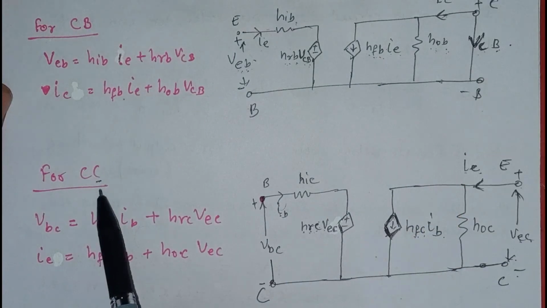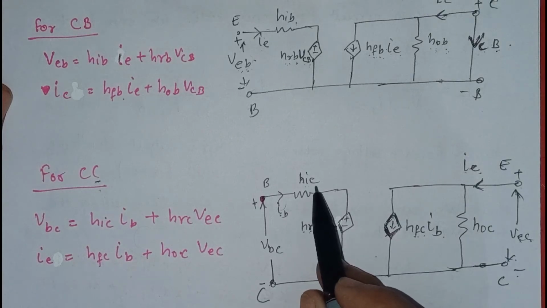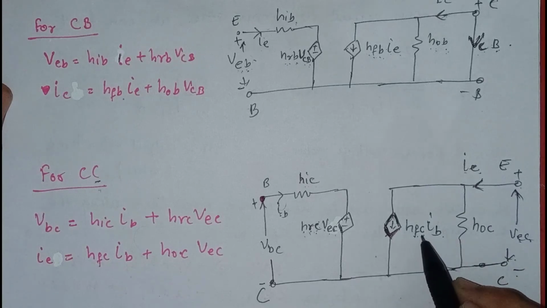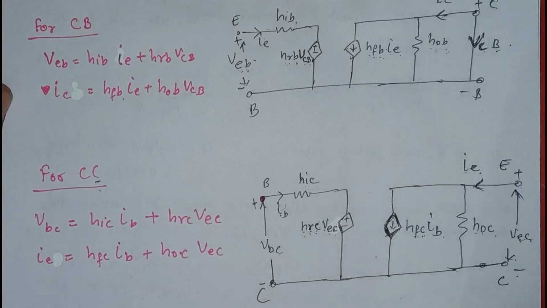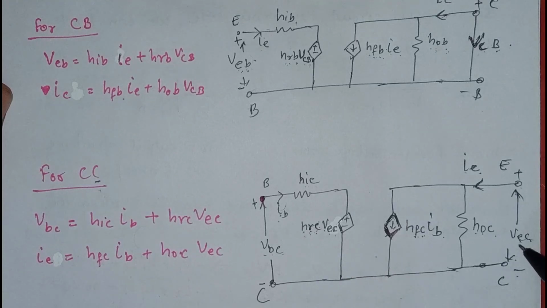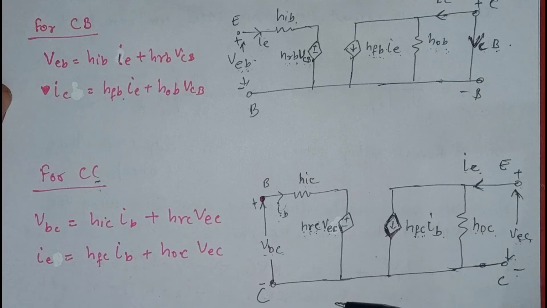And for CC configuration we will add the subscript C. This is HIC, HRC VEC, HFC, HOC, and the input and output current and voltage. The input voltage is VBC and the current is IB. Here the output voltage is VEC and the current is IE. So these are the circuit diagrams for CB and CC configurations.